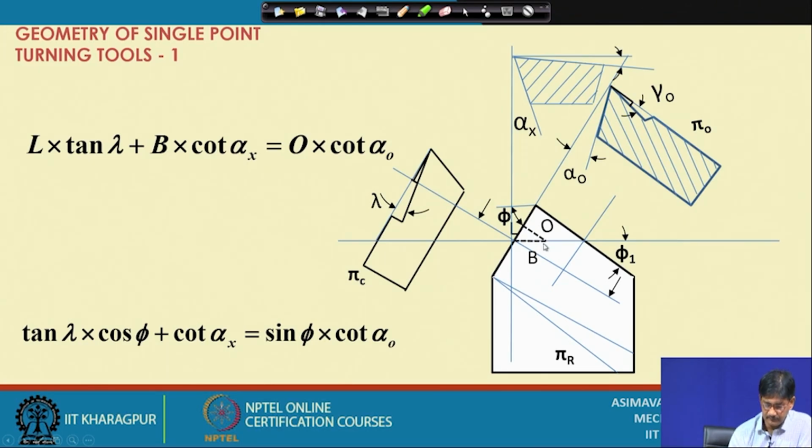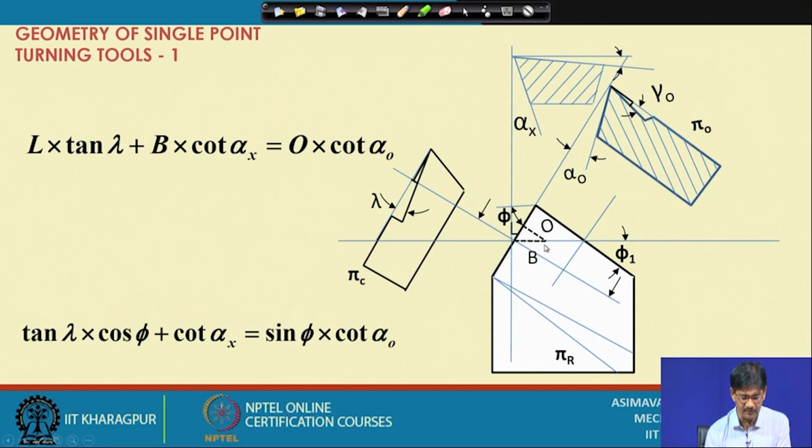Therefore, if lambda is shown to be positive, we go down here. If this alpha o is shown here as positive, clearance angles have to be positive anyway. So, we go down along this, and therefore, it must be b cot alpha.